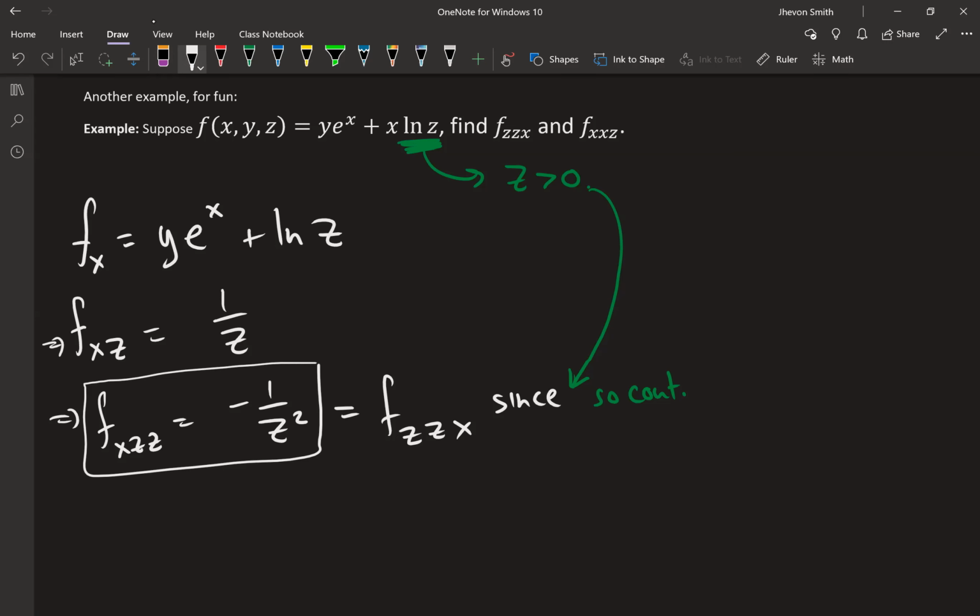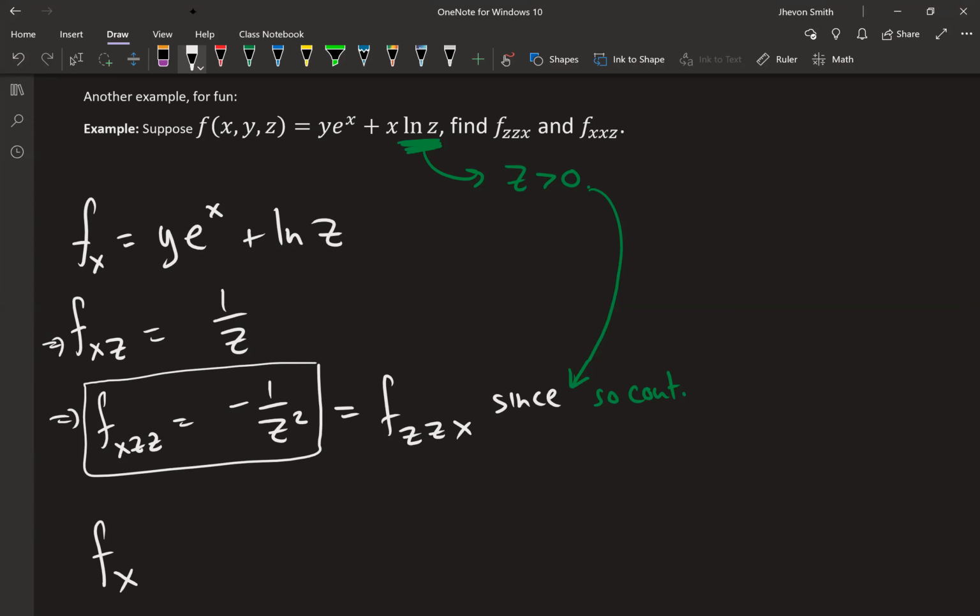Now, what about f_xxz? Could I do it, Professor? Sure. Since we know that it's continuous, the order doesn't really matter. So we could look at the derivative of f with respect to x. What do you mean f of x? Like the partial differentiation with subscript x. Oh, you call it f sub x, you don't call it f of x.